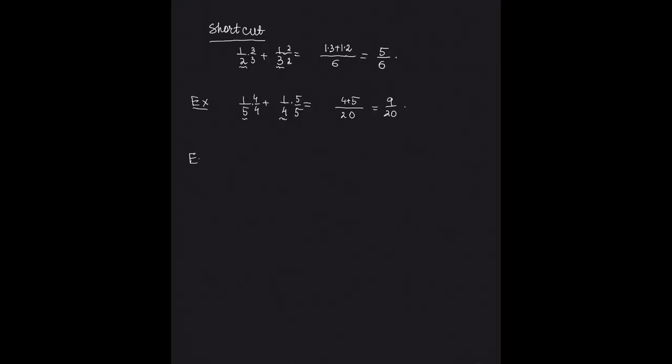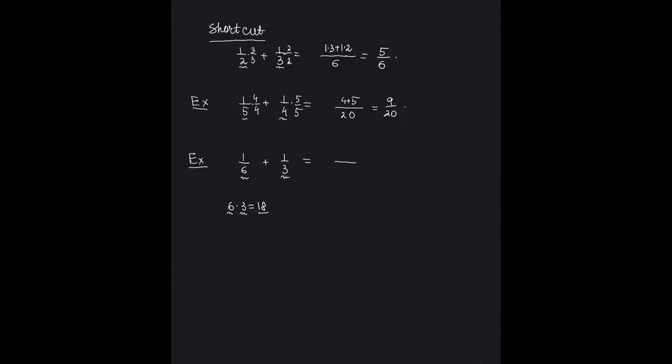One more example. So let's try to add 1/6 plus 1/3. So this one is interesting because if we multiply 6 times 3, we get 18. And 18 is certainly a number that has both 6 and 3 as a factor.